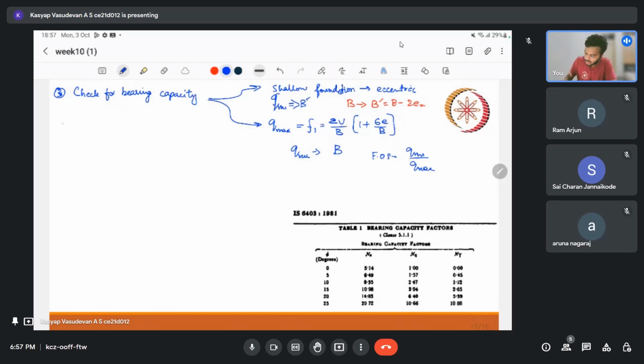So my equation is q_nu is equal to q_u minus gamma D_f.